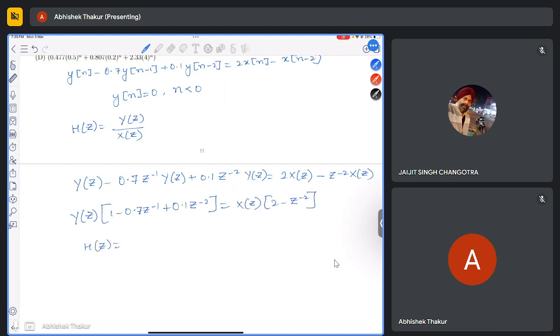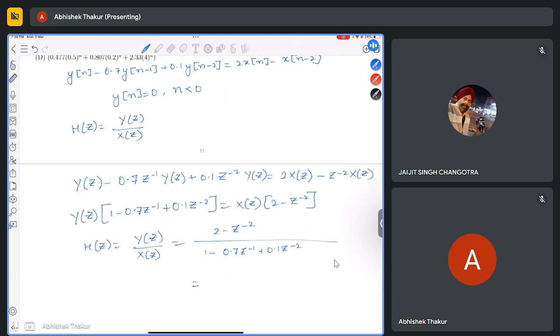That is equal to Y of z divided by X of z. So this will become 2 minus z to the power of minus 2 divided by 1 minus 0.7 z inverse plus 0.1 z to the power of minus 2. So this is our system function.